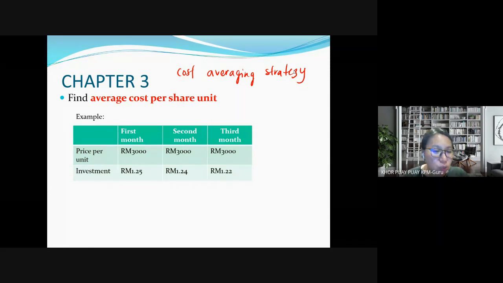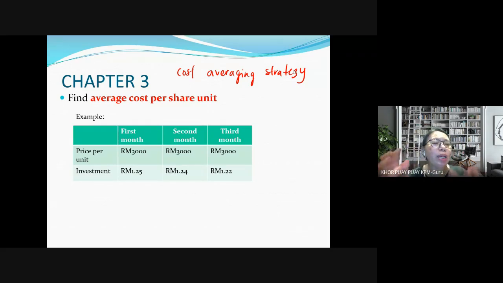By doing it this way, you will see that the conclusion is your total share units will be more, and the price you buy at will be lower compared to buying one lump sum of shares at one price. That is the conclusion you can make with this cost averaging strategy.